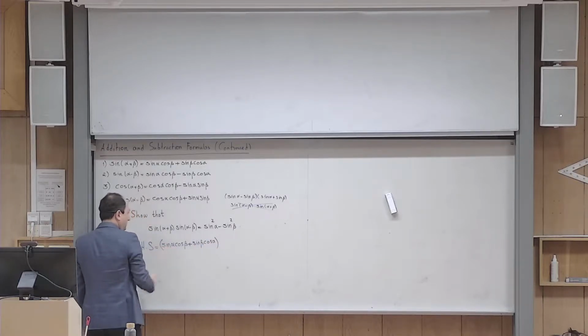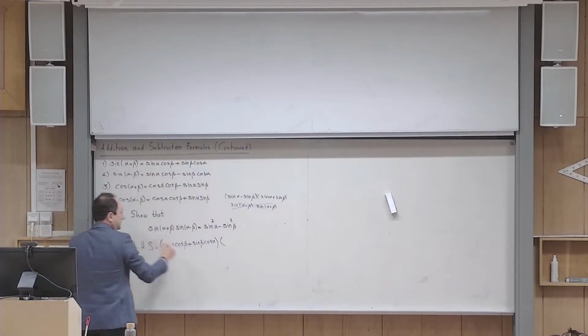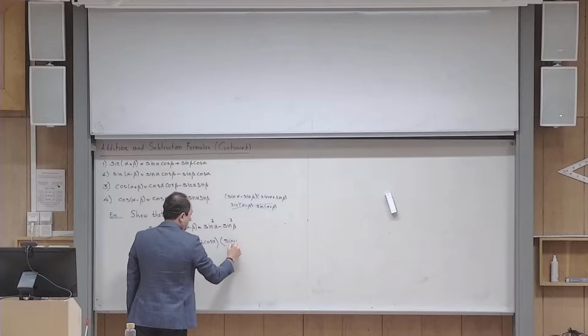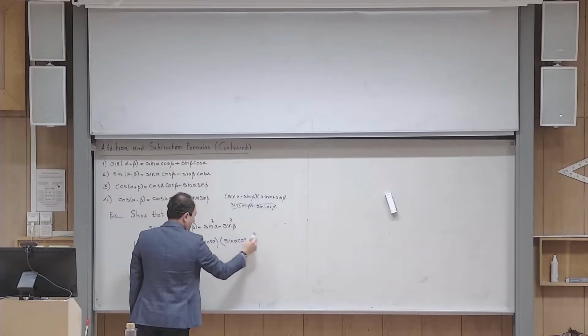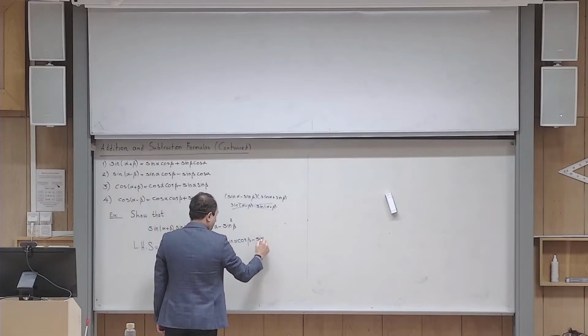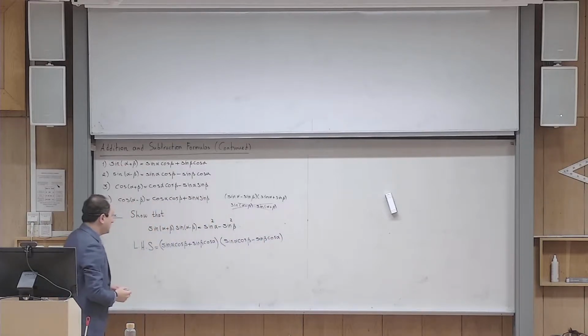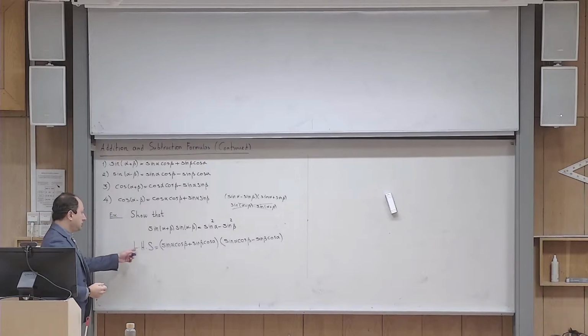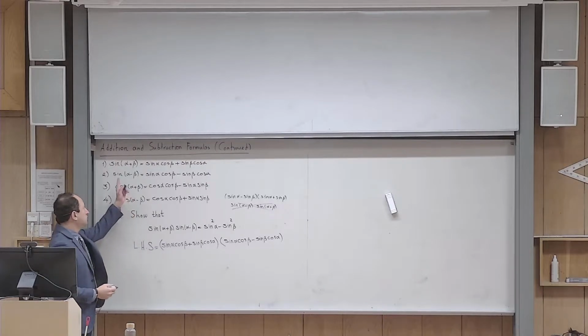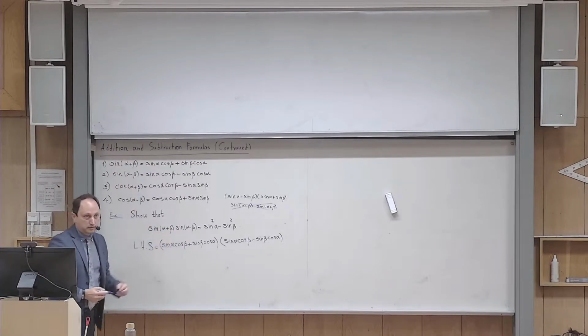And then you multiply it by the second formula, which becomes sine alpha cosine beta minus sine beta cosine alpha. So I have just started from the left-hand side, and I used formula number one for the first factor and formula number two for the second factor.